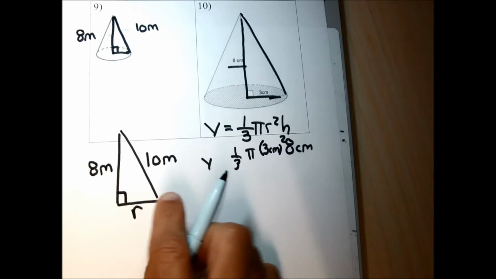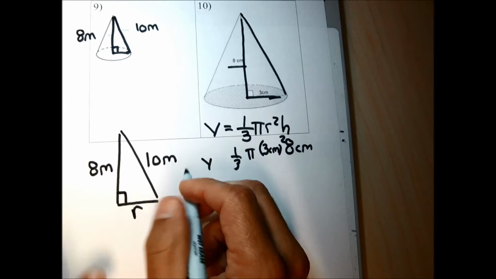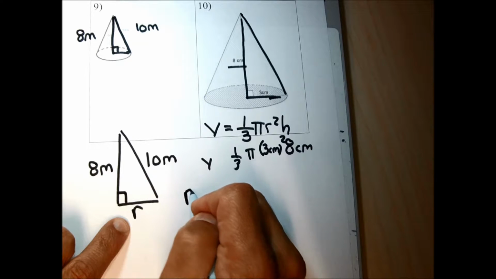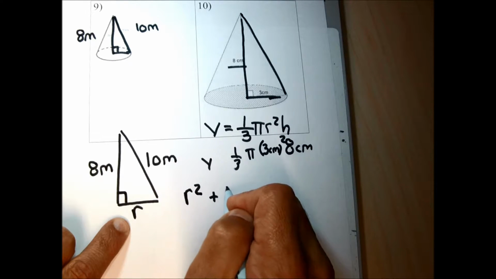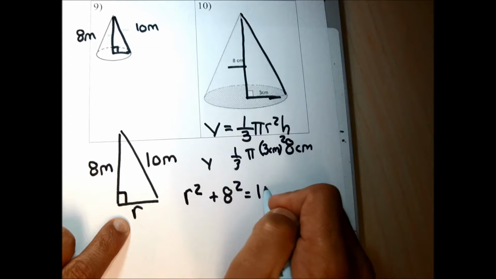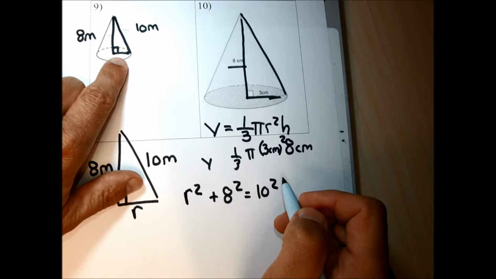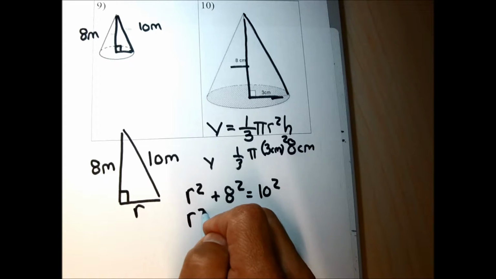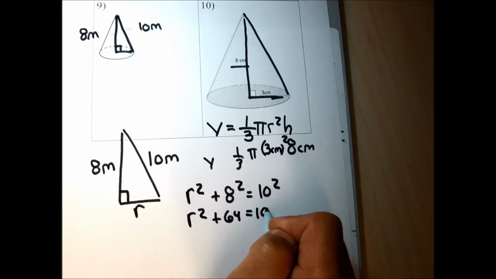So before I do your volume, I have to find the radius, and I'm going to use the formula A squared plus B squared equals C squared, but I'm going to call this an R. r squared plus 8 squared equals 10 squared. I'm leaving the units off. This is going to have a unit in meters because it's just a physical length. So this is r squared plus 64 equals 100.